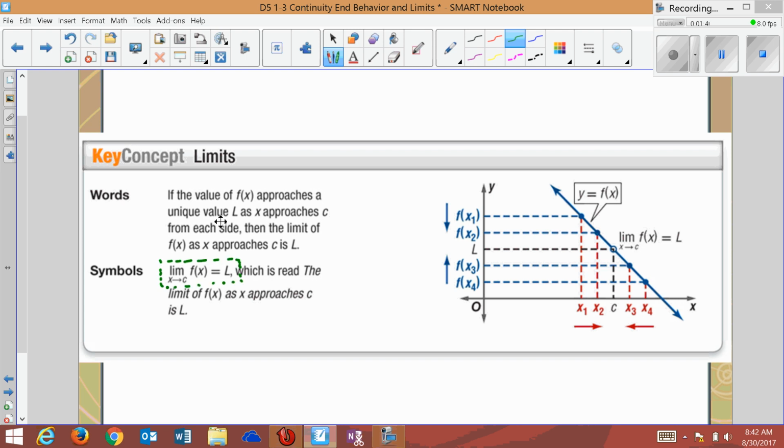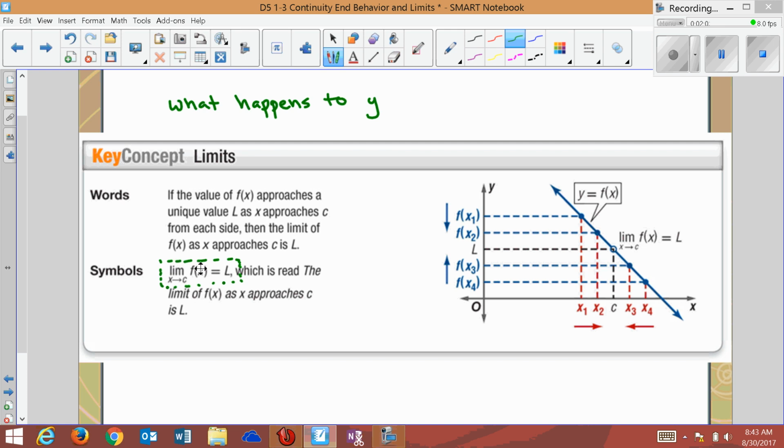And the best way to think of a limit is to read this a certain way. Whenever you see limit, here's what I want you to think of. I want you to think of what happens to y. Now remember, f of x is the same thing as y.